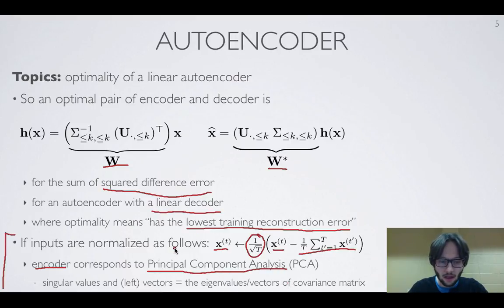Indeed, if we're using this, then the singular values and the left vectors are associated with the eigenvalues and the vectors of the covariance matrix of the training examples by doing that transformation. I won't make the demonstration. You can try it out.